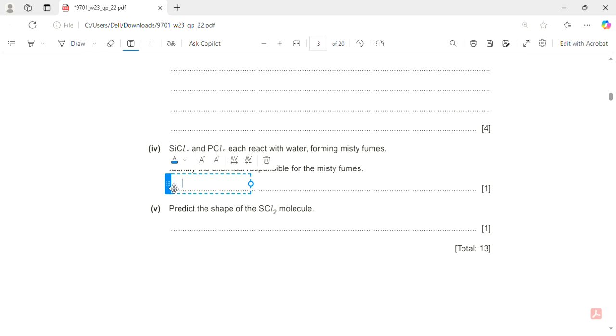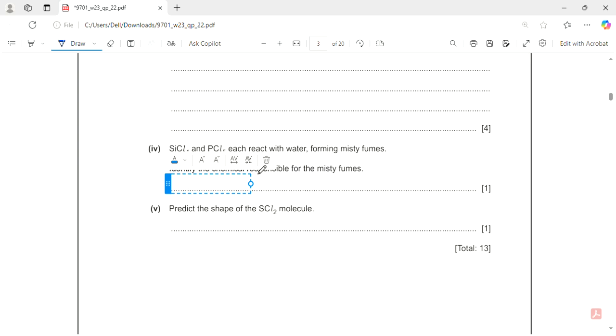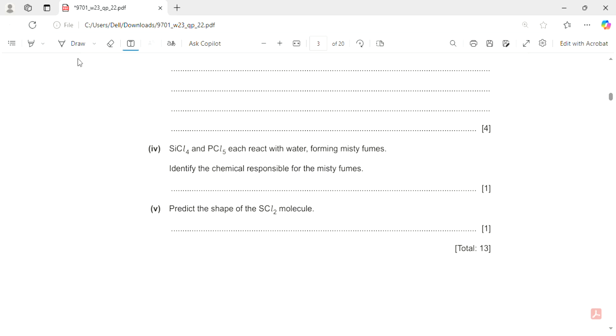Then predict the shape of the molecule, which is Cl2O, which is non-linear.